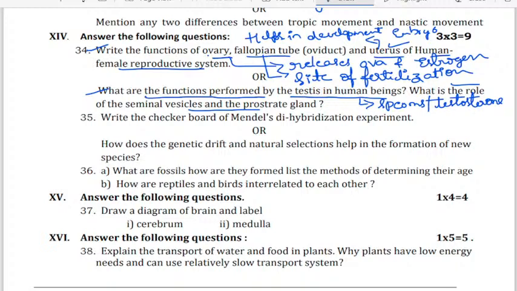The seminal vesicle secretes a fluid. What kind of fluid is being secreted by seminal vesicle? I have already taught you with the hint, children: SVF and PMF. That means prostate gland secretes milky fluid. Seminal vesicle secretes the viscous fluid. These two types of fluids are secreted by these two glands.